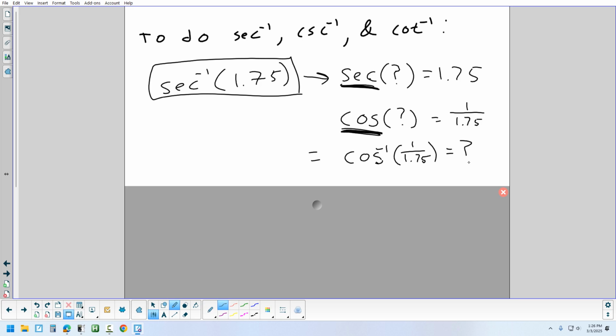That's what we're trying to find. So if you have an inverse secant, cosecant, or cotangent, the pattern to figure it out is change this to the trig function it's connected to, and take this number and flip it. That's how you have to put it in on the calculator.